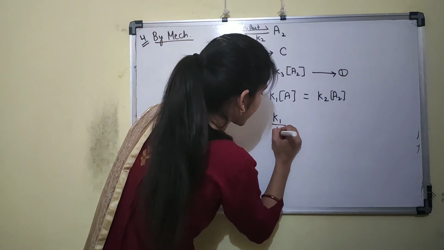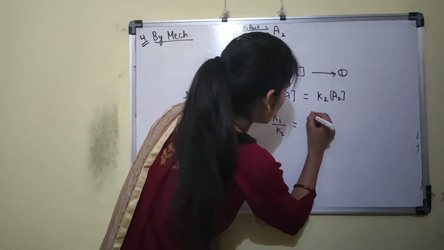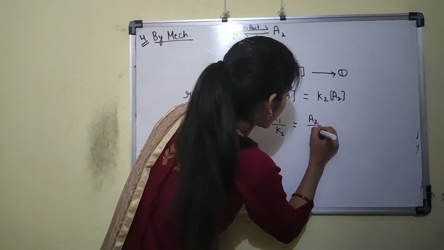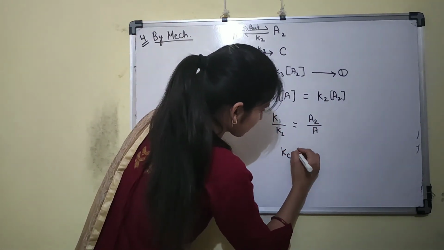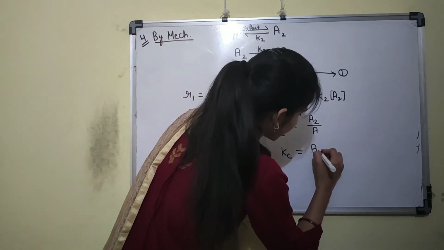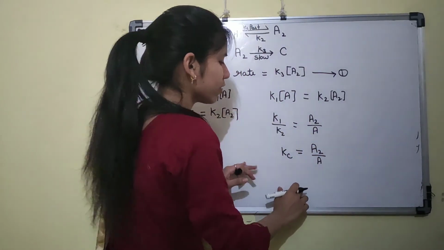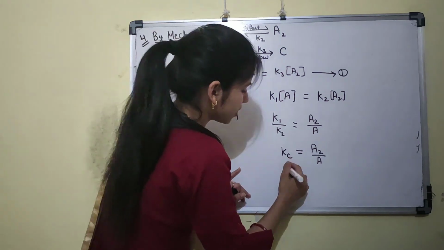So K1 by K2 is equal to A2 by A, and K1 by K2 is equal to Kc, so Kc is A2 by A. Now we find A2.